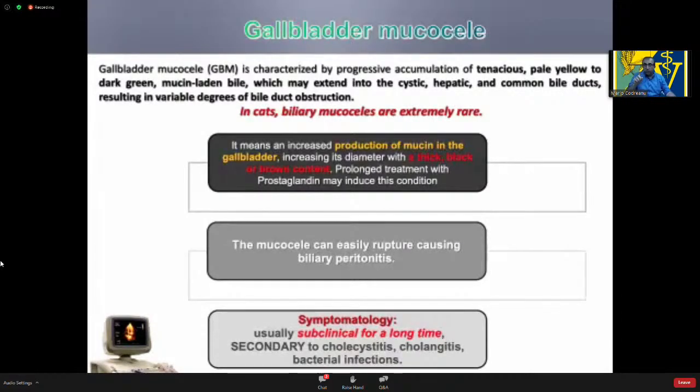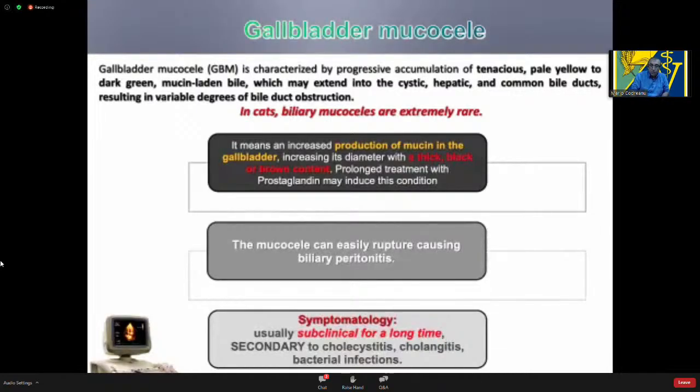It's important to notice that in very many cases, this gallbladder mucocele can appear and develop asymptomatically, without clinical expression, and can be a surprise for colleagues who perform ultrasonography.